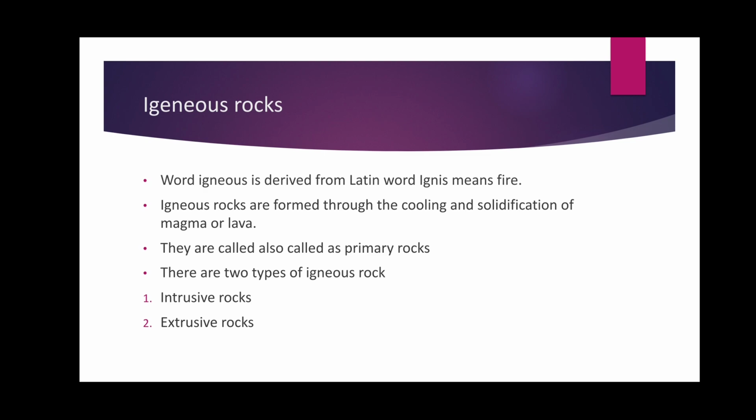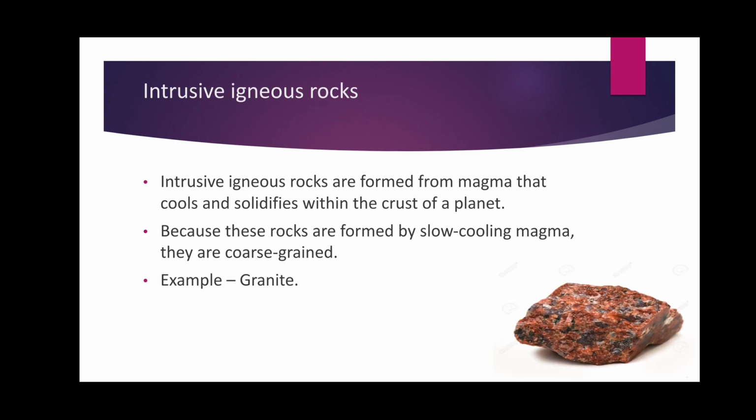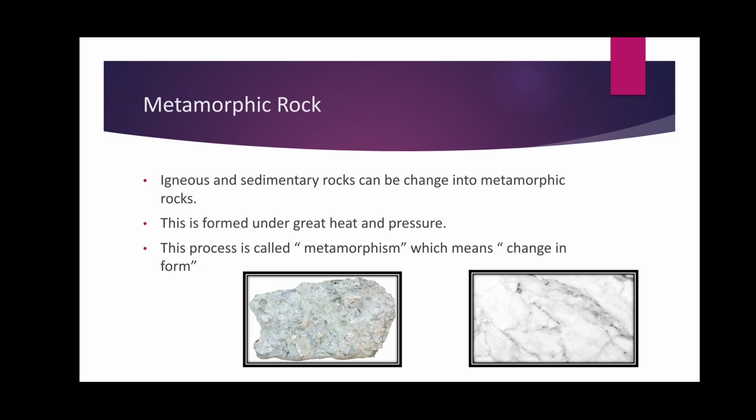Then we studied in detail about igneous rocks, where igneous rocks are divided into extrusive igneous rocks and intrusive igneous rocks. Then the second type was sedimentary rocks, then metamorphic rocks. Okay students, I hope you remember all this part that we have studied. The last one was the metamorphic rock.